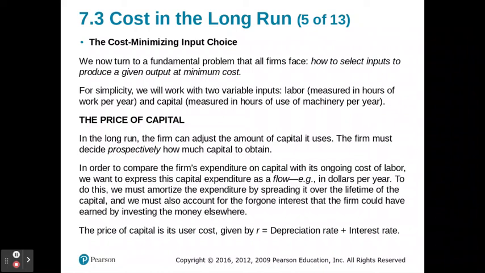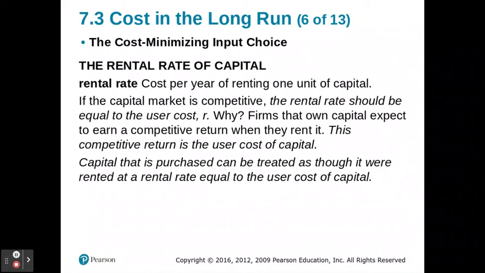So this would be where we introduce this idea of firm choice. Before we get into this, here we're going to talk about the cost minimizing input choice. The easiest way I can define this for you is that it's the exact same way we thought of the utility maximizing consumer choice.